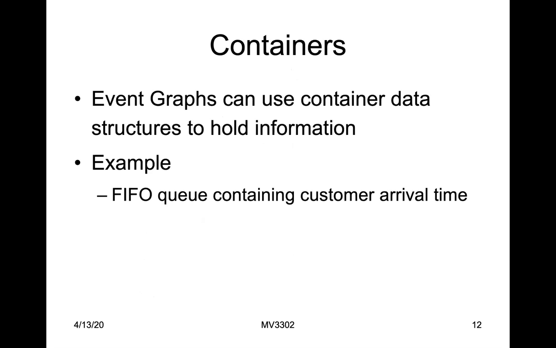Okay, containers. In their initial form, event graphs just had scalar state variables, but it turns out that having containers, meaning things like sets and lists, can be very useful to hold information, specifically state.